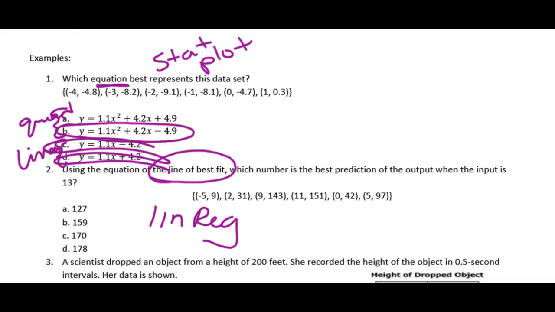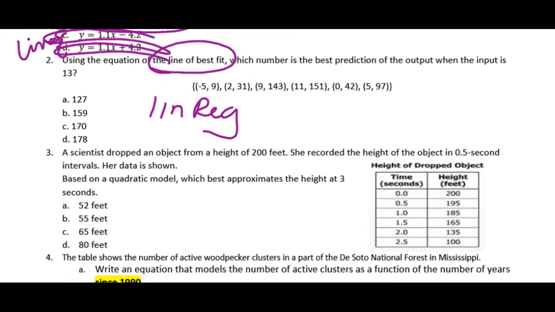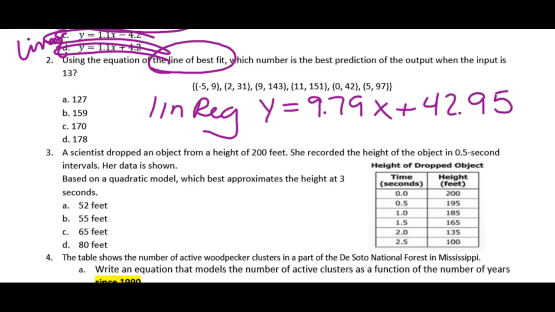So we came up with our line, but we didn't answer the question, because you're going to look at those and say, hey, that doesn't answer that question. Because the question is asking, if I input 13, what would I get out? Inputs are our x's. So we're saying if x is 13, what would y be? So I need to put that in there.